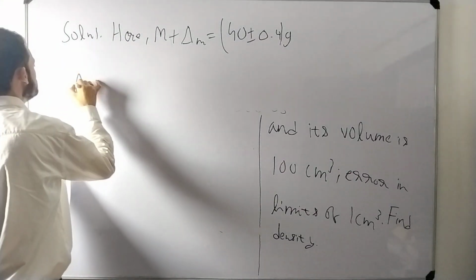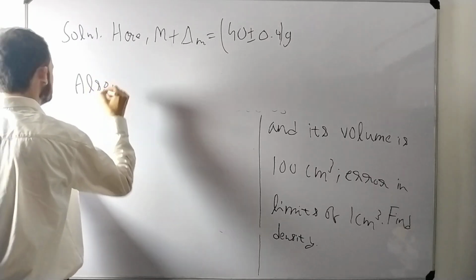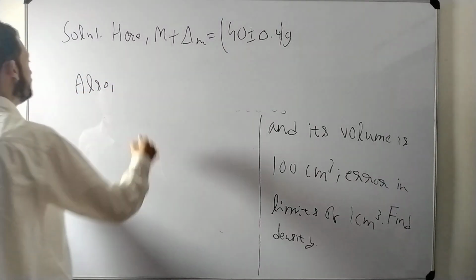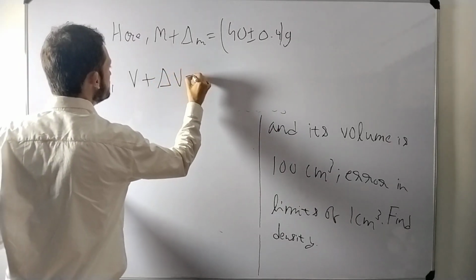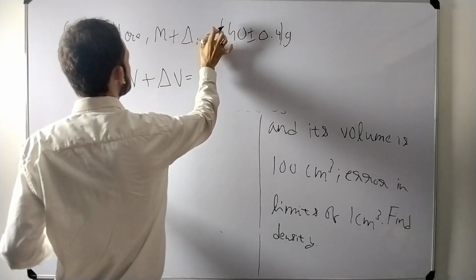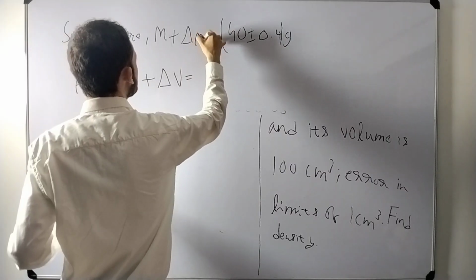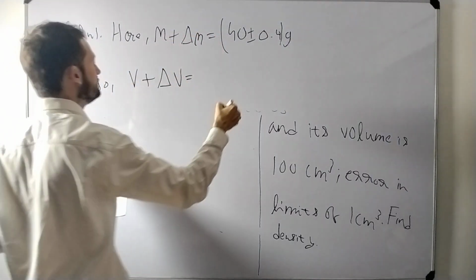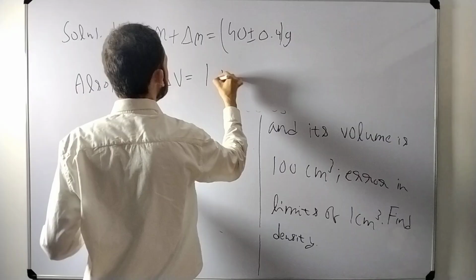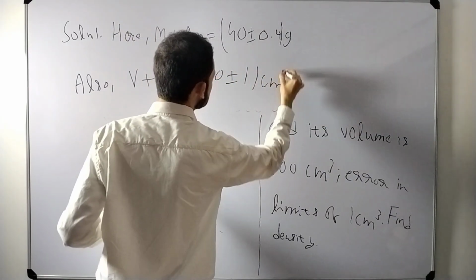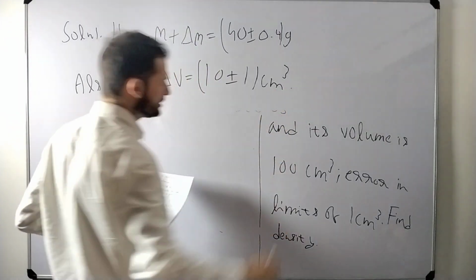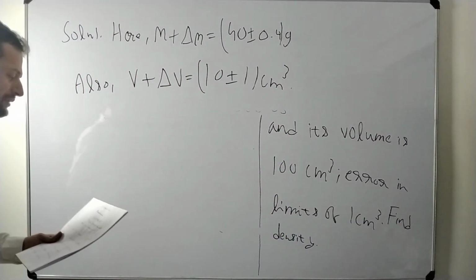Also, V, del V. Should actually make it capital M here. V, del V is 10 plus minus 1 centimeter cube. So this is the thing we are given here, given in the question.